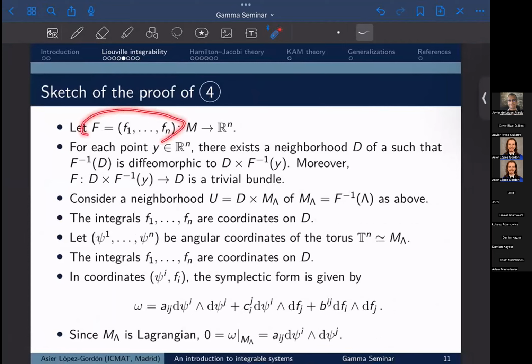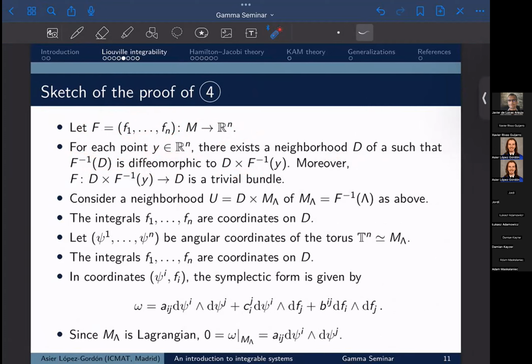So let F denote the function from M to R^n whose components are the integrals. And we can show that for each I in R^n, there exists a neighborhood D such that the preimage by F of this neighborhood is diffeomorphic to D times the preimage of the point I.